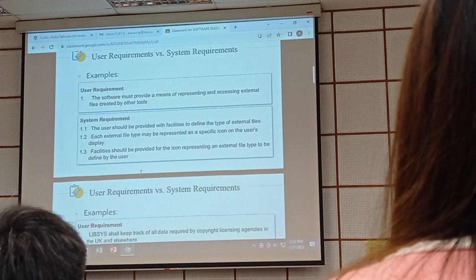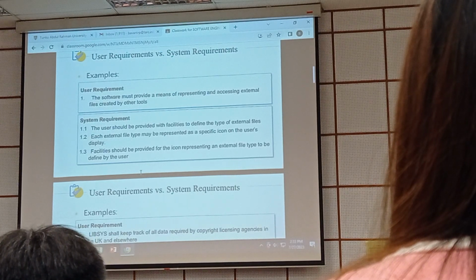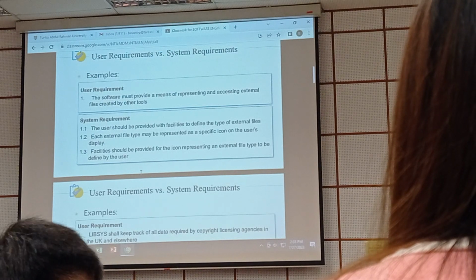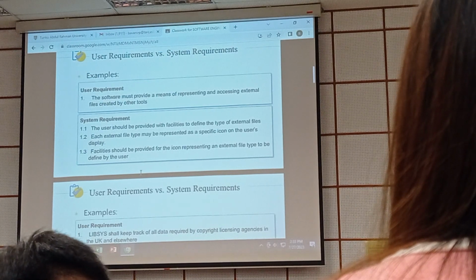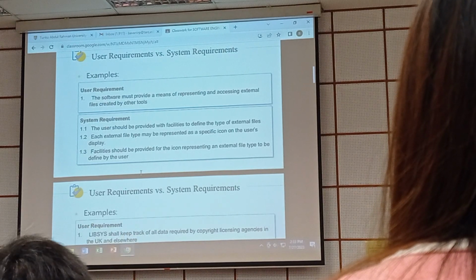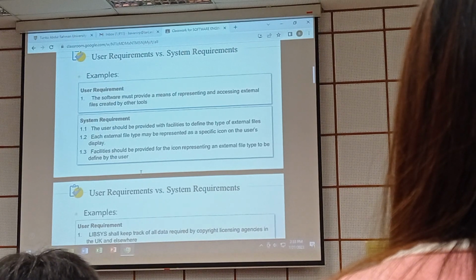Then you enter. Please enter second digit. Then you enter. Then it will give you the result, 5. In here, the user requirement is that you want the system to do the plus operation.